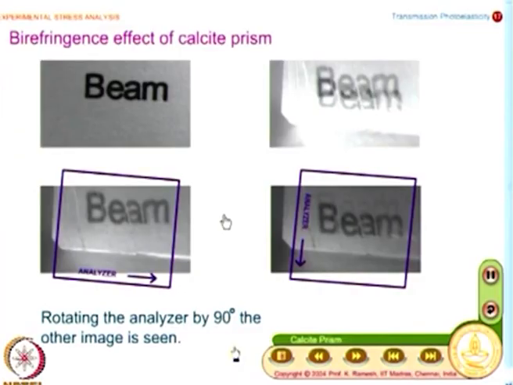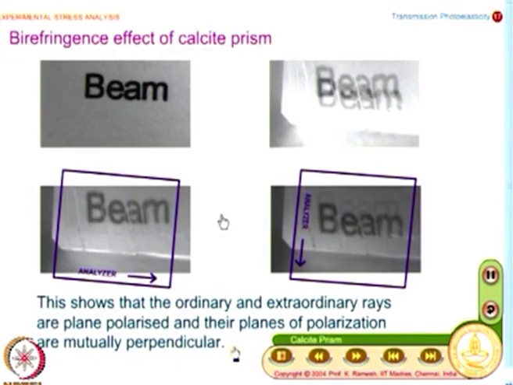So, this shows that the beams are polarized, and because I get these two images when I keep the analyzer at mutually perpendicular positions, we have also established that these two beams are polarized in mutually perpendicular directions. So, that is what is summarized here. The ordinary and extraordinary rays are plane polarized.